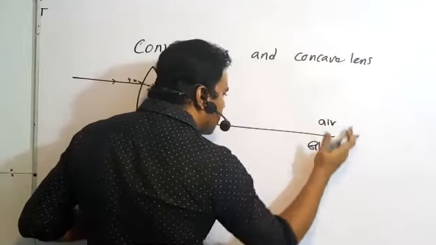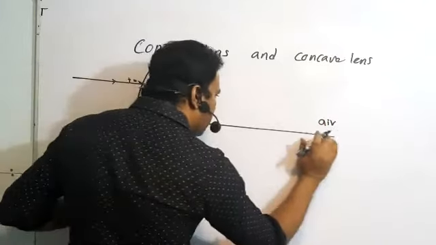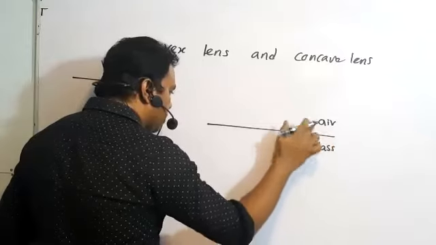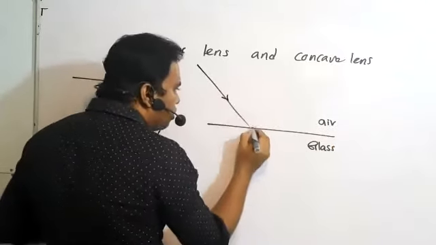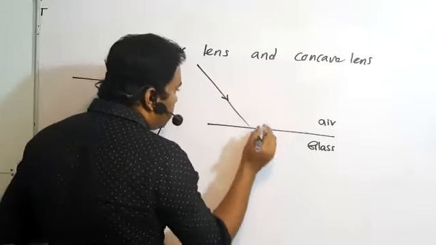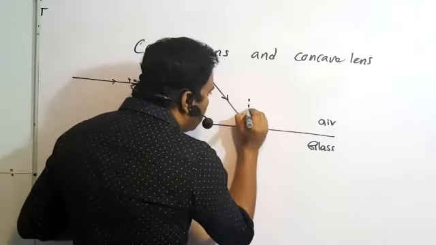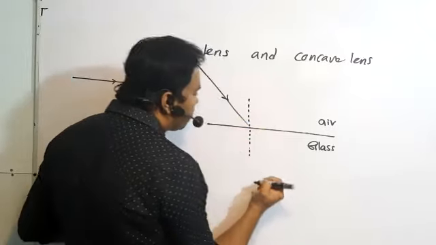Both are transparent mediums. So this is the interface between two transparent mediums. Now a light ray is coming towards the glass from the medium air, so it travels from one transparent medium to another transparent medium.